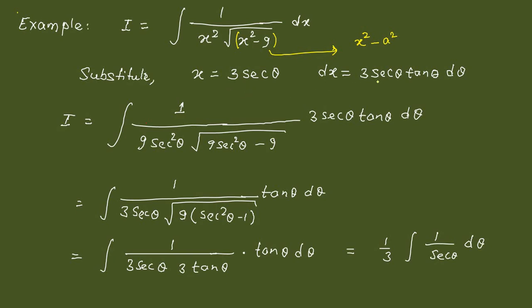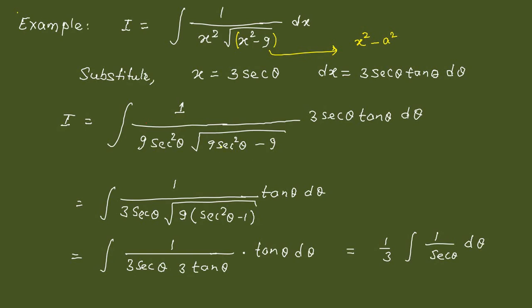So dx will be 3 sec theta tan theta d theta, because we are differentiating x with respect to theta. Now the integrand will be 1 over, in the place of x we substitute 3 sec theta, so this will be 9 sec square theta, and in the square root we will have 9 sec square theta minus 9.